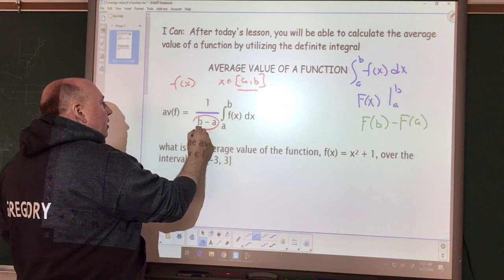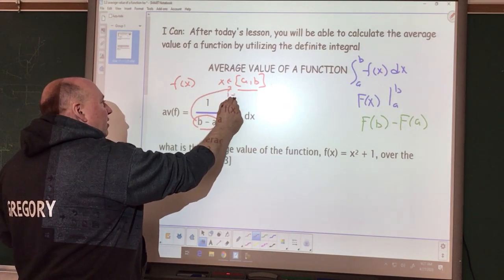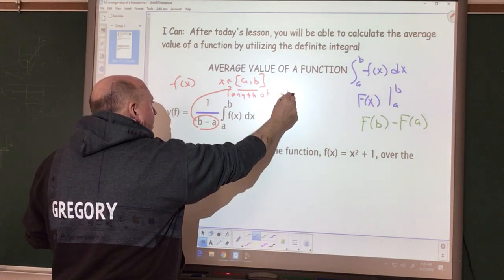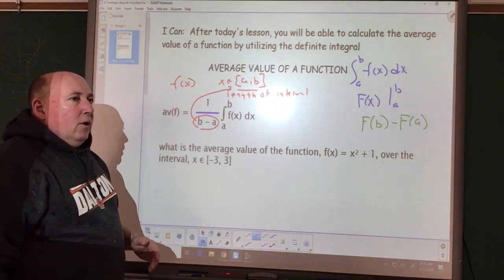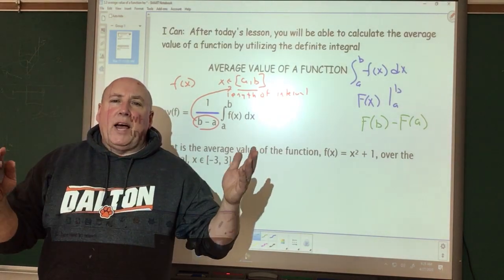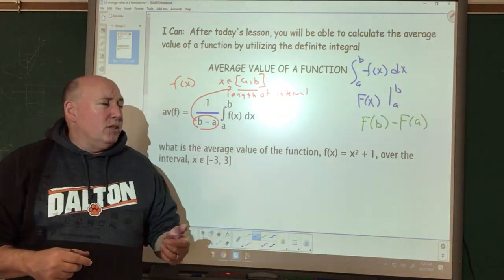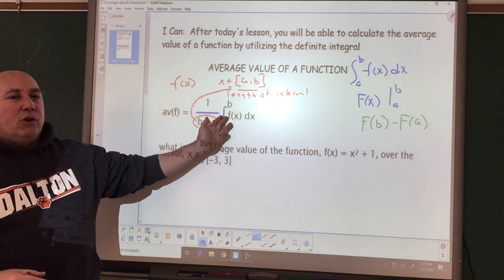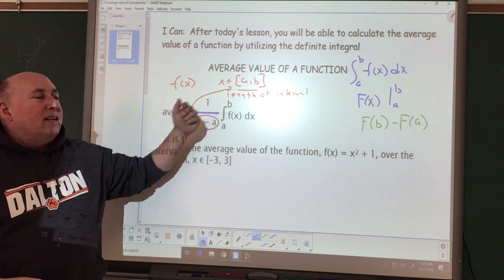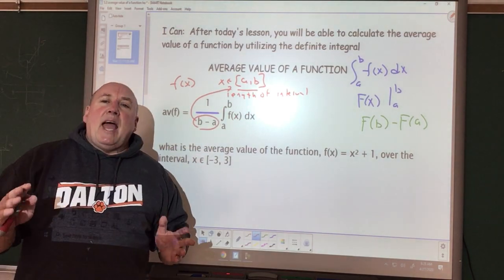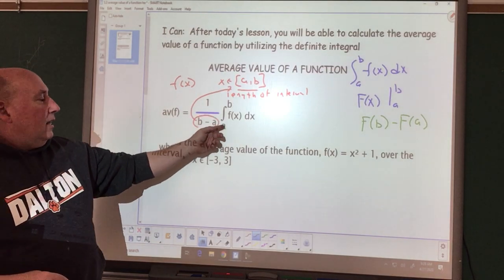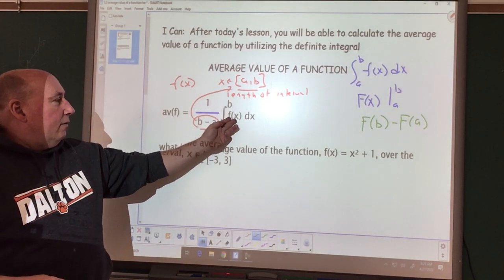This here, b minus a, is just the length of the interval, which, if you remember talking about the average, we add up all of the values and divide by the total number of values. We take the integral over our entire interval and divide by the length of the interval. So that's the average value of a function. We have 1 over b minus a, the integral from a to b of f of x dx.